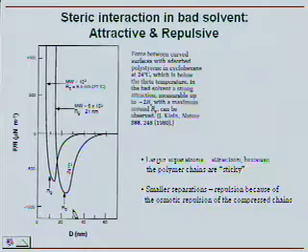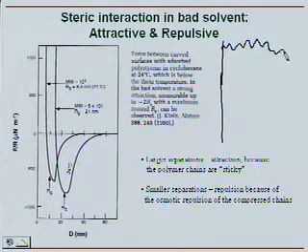Now, what happens if the polymer chains hate the solvent? They're going to collapse on each other. A chain which loves the solvent is going to be extended like that, for example. A chain which hates the solvent is going to be collapsing on itself.